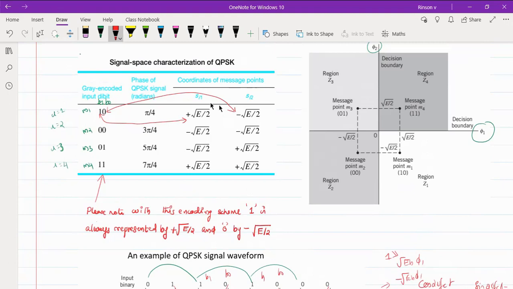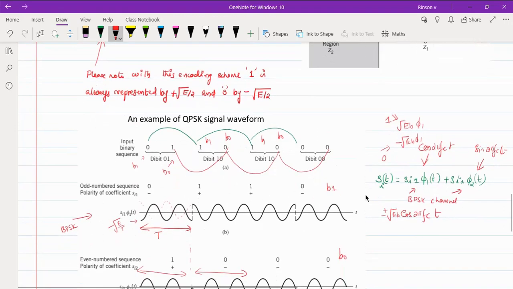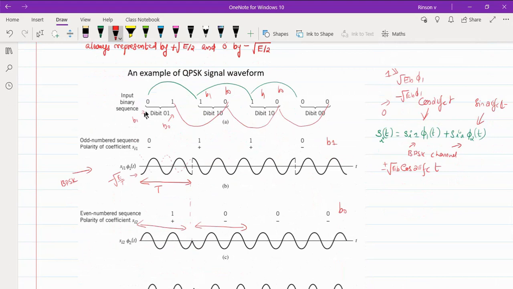And if you take this position, if you have 1 here, you will be transmitting root E by 2 phi2 and 0, minus root E by 2 phi2. So these are two independent channels. These two independent channels added together will give you QPSK signal. So that's what we are seeing here. So you have two independent channels. This is the B1 channel and this is the B0 channel.